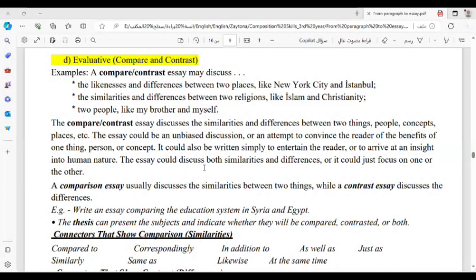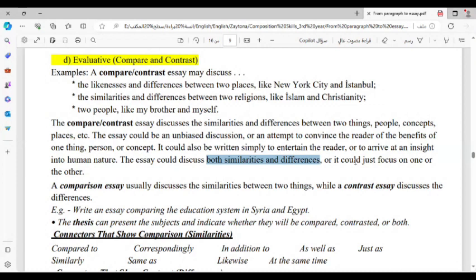The essay could discuss both similarities and differences. In this case, it will be called a compare and contrast essay. When you want to write a compare and contrast essay, you will have the introduction, then two body paragraphs, the first for similarities and the second for differences, and at last the conclusion.